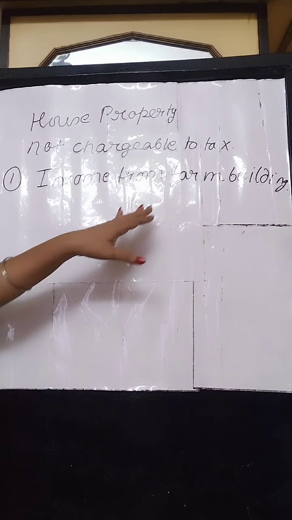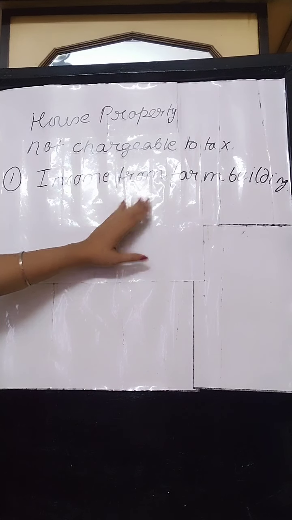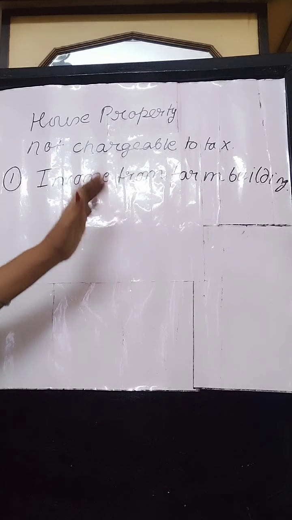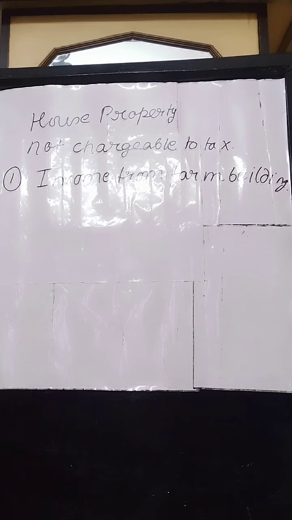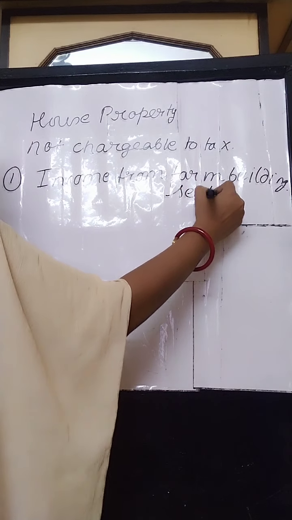One thing: always mention the section while you write, one by one, the house property which is not chargeable to tax. Along with that particular house property, you should always mention the section. Here the section is section 10(1), section 10 subsection 1.